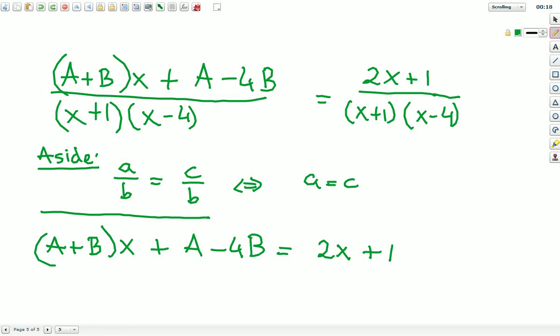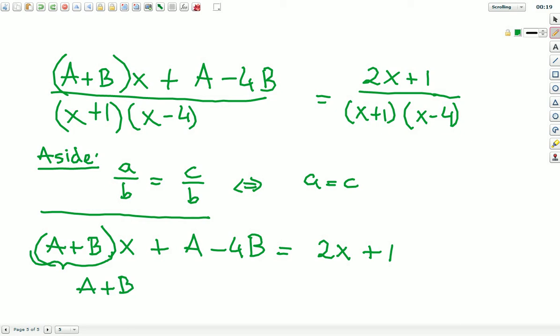Now there's another trick here. I have one polynomial on one side and another polynomial on the other side. Two polynomials are going to be equal if the coefficients of the corresponding terms are equal. So the coefficient of x on the left must equal the coefficient of x on the right.